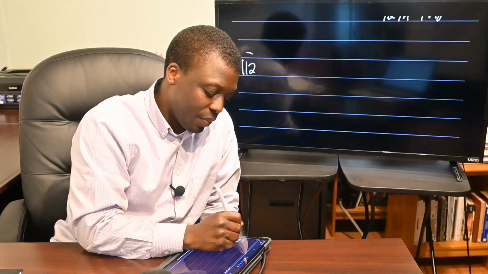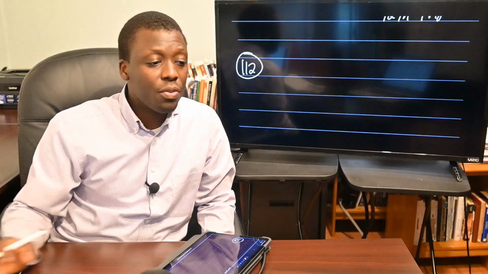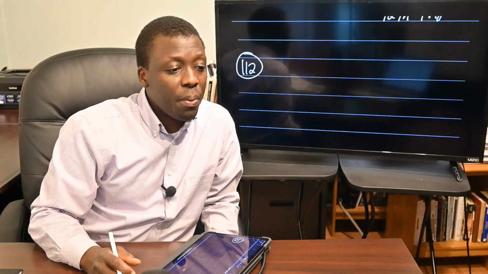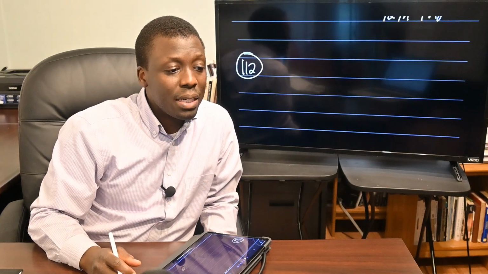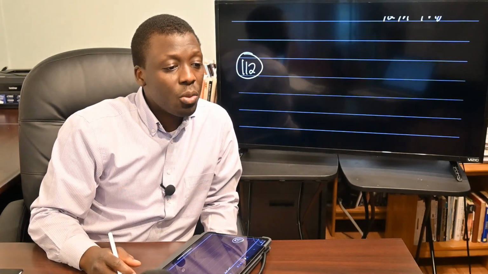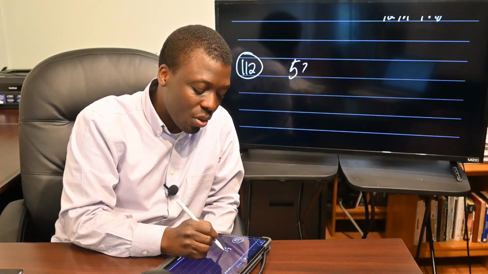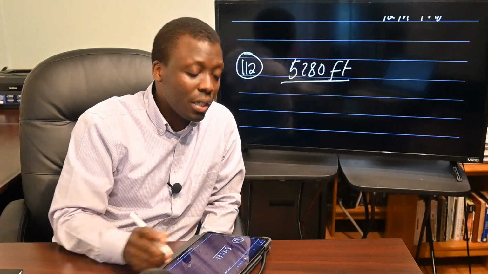Let's look at number 112. For number 112, we basically have, if street lights are placed at most 70 feet apart, how many street lights would be needed for a street that is 3 miles long? Assuming there are lights at each end of the street. So you know that 1 mile is 5,280 feet.